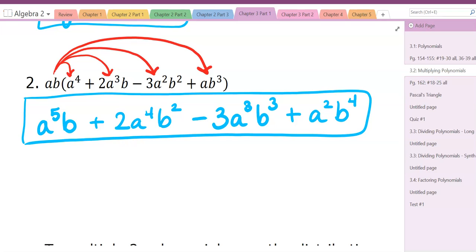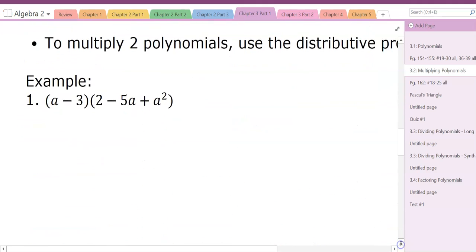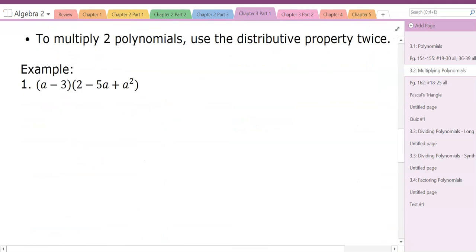All right, so those 2 are just taking a monomial term times a polynomial. Now we're going to talk about how do we handle it if we're multiplying 2 polynomials together. When you want to multiply 2 polynomials, you use the distributive property twice, or you could use it 3 times, 4 times, however many times that you need to use it in order to make sure that you're multiplying all the terms.